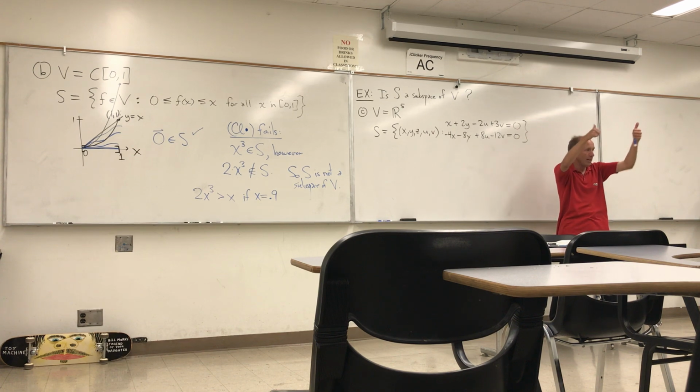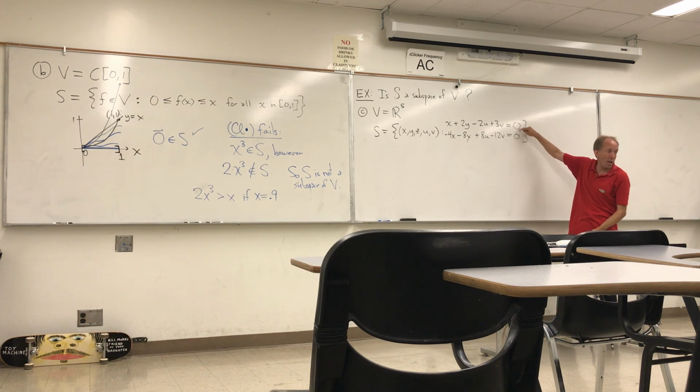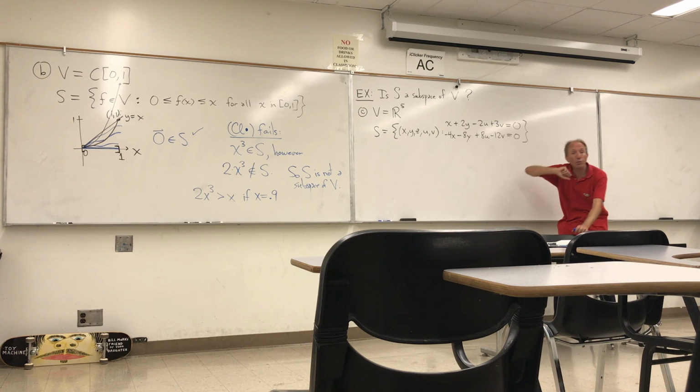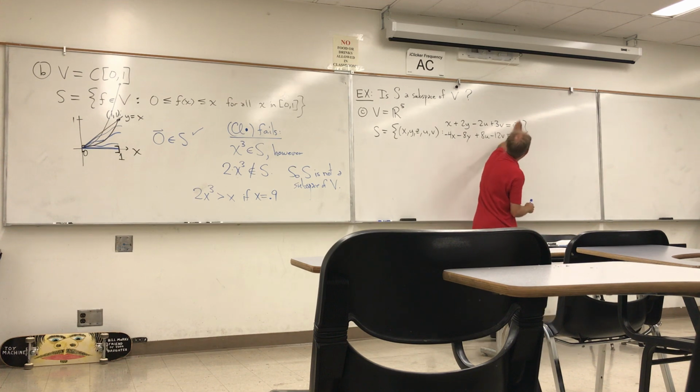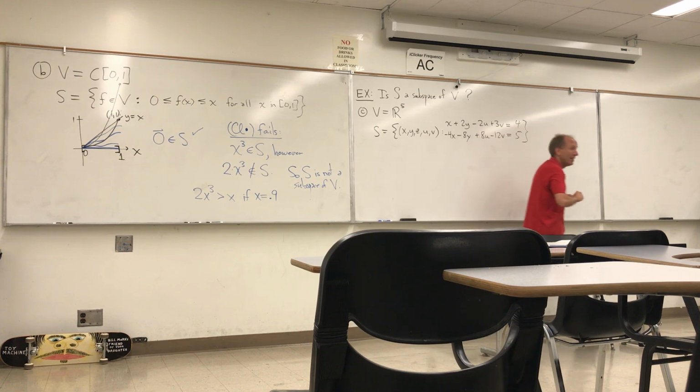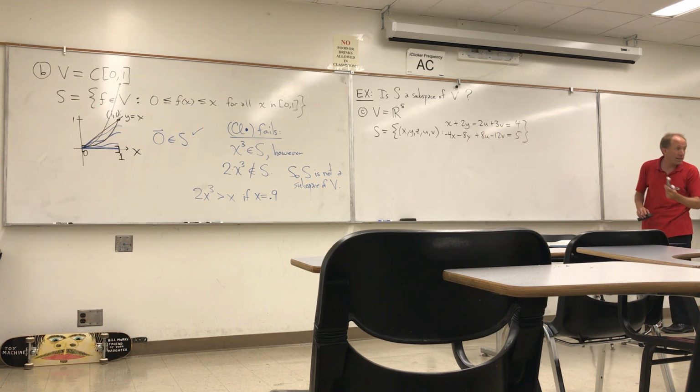It's a subspace. If any of these equations was not 0, then the answer would be no, because the 0 vector. We would know that it's no, because if I change these numbers over here to something else, like 4 and 5 or whatever, well now, the 0 vector doesn't work. Then you can just say that there's no 0 vector, so it's not a subspace.